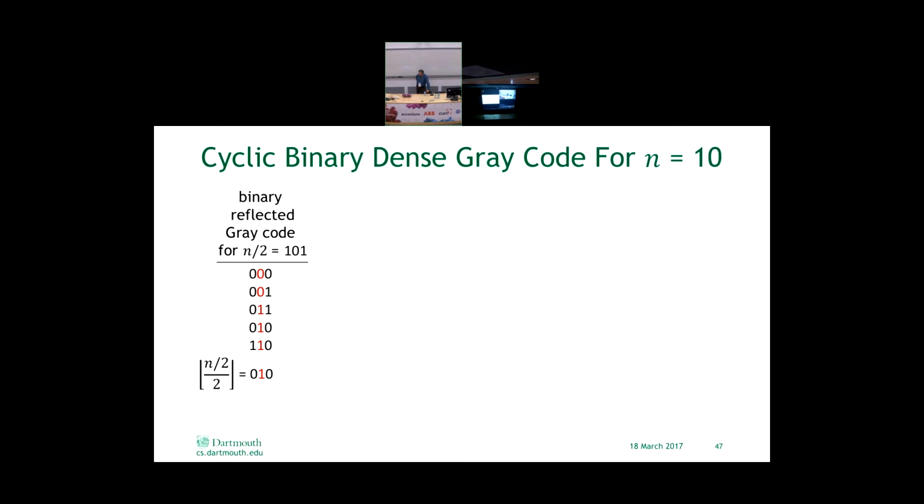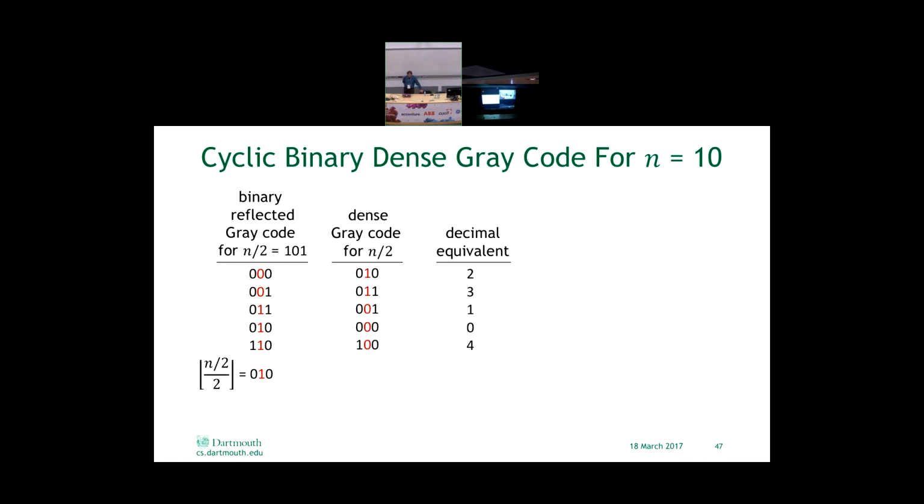So when I take the floor of 5 over 2, I get 2, which is 0, 1, 0. I've highlighted the bits that I'm going to flip. So I get the dense gray code for 5, and there it is, and there are the decimal equivalents. So now what I do is I reflect it. So I've just written it in reverse, and I stick a 0 at the end of the top half, and that gives me the even numbers, 4, 6, 2, 0, 8. I stick a 1 on the bottom half. That gives me the odd numbers.